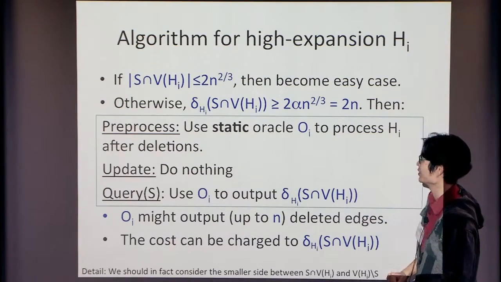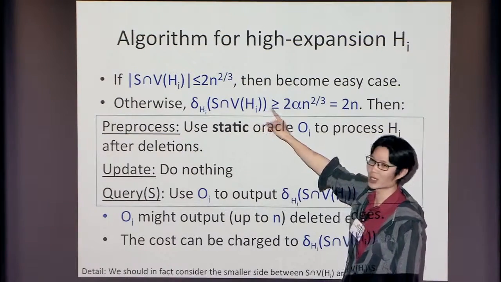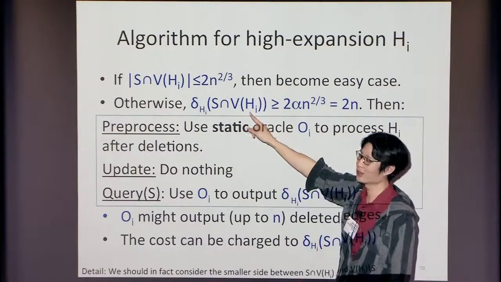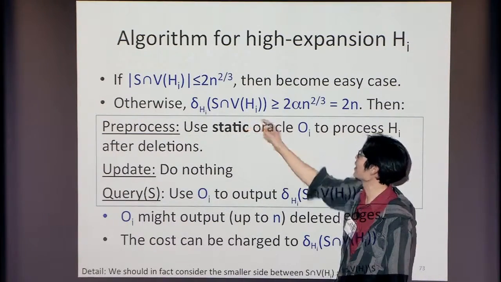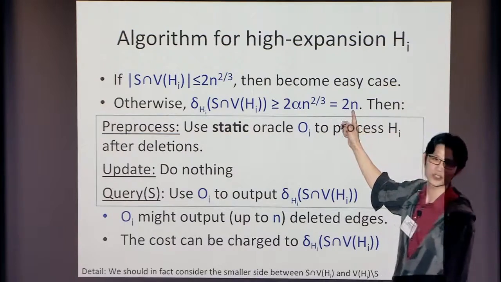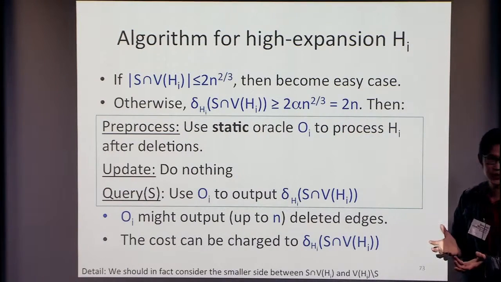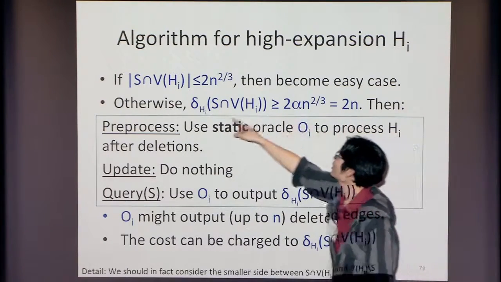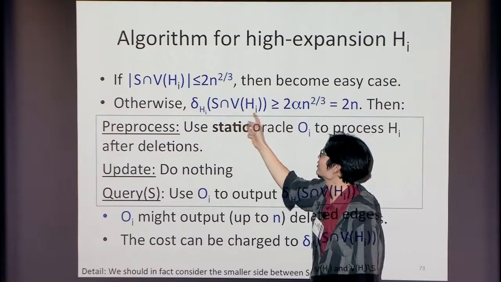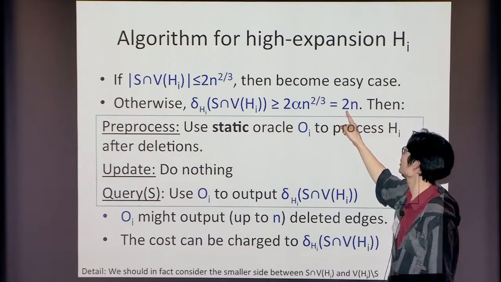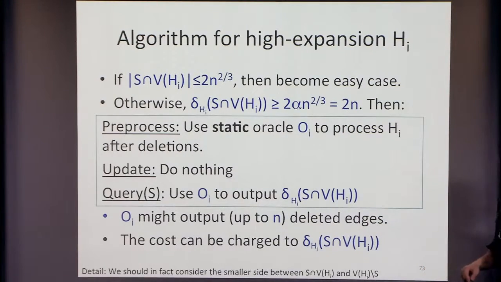The interesting part is when the intersection is high. But then we know that the answer will be large because the graph has high expansion. So we know that the intersection of delta H_i and the query is at least 2n. And since we delete only n edges, we will have a lot of edges left that we should output.